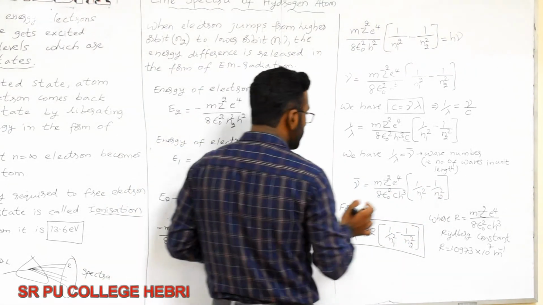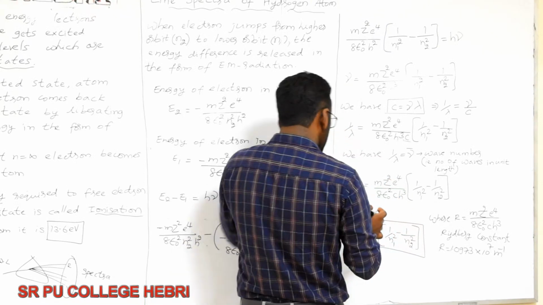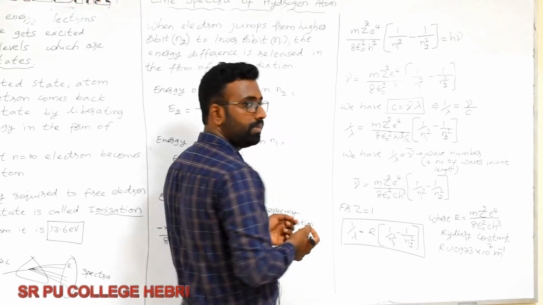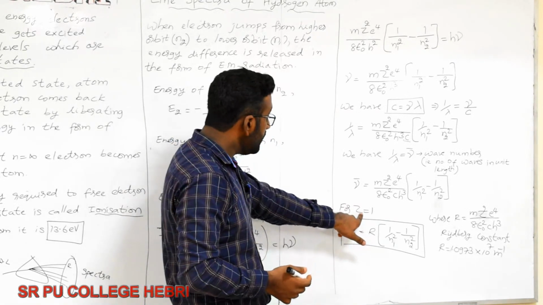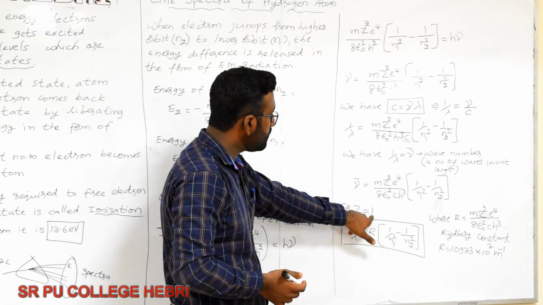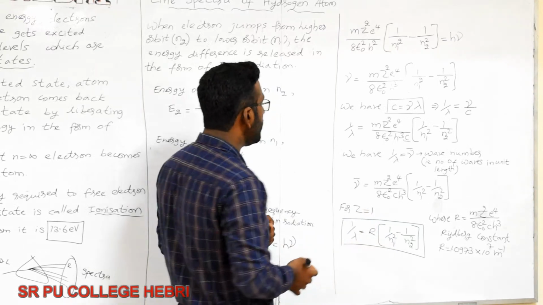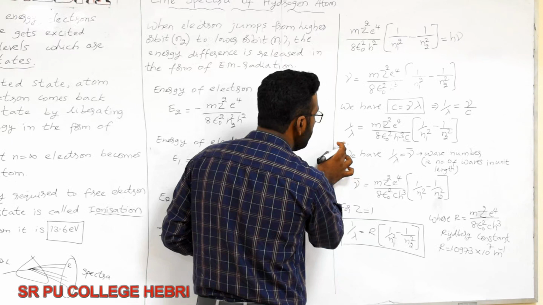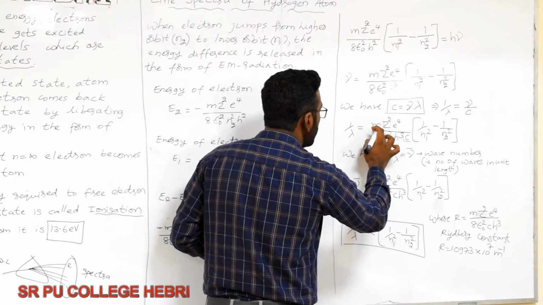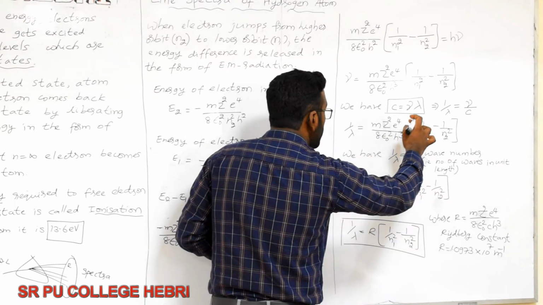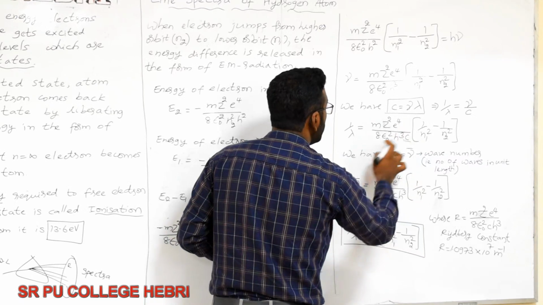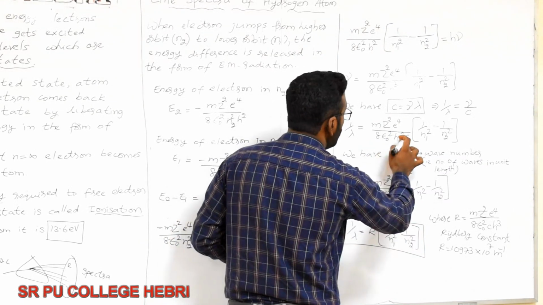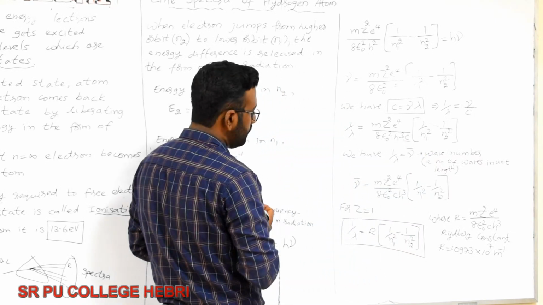Now just see this equation, we will substitute z is equal to 1. Why? For hydrogen atom, z is equal to 1. When you substitute z is equal to 1, what do you get here? We will get the equation 1 by lambda, the same equation. 1 by lambda is equal to m e to the power 4 divided by 8 epsilon naught square h cube into c.